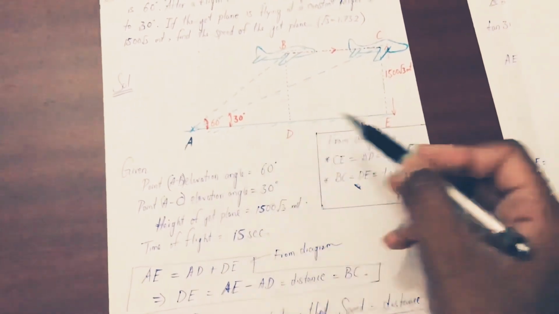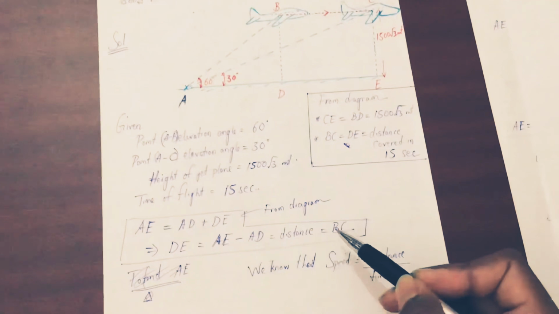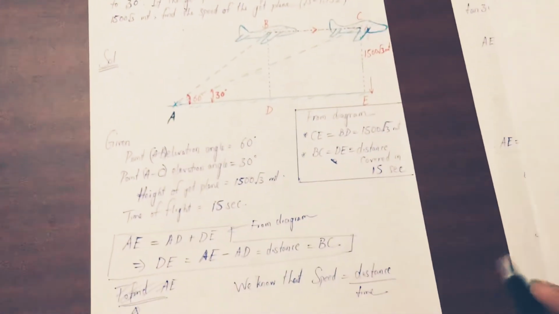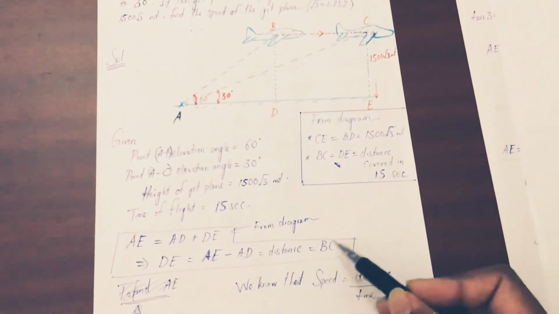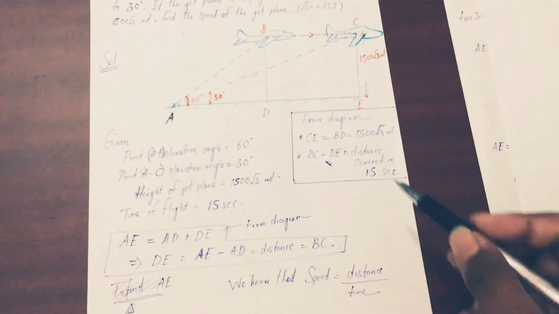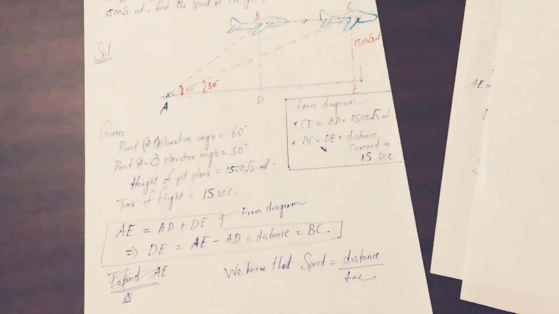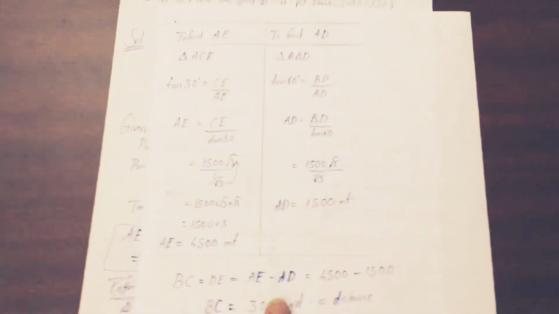If we subtract these two values, AE and AD, we can get the DE value, and DE value is nothing but the distance BC. And one more thing, speed is equal to distance by time. So if we know the distance and we already know the time, then we can find the speed of this jet plane. So for that we will do the next part.